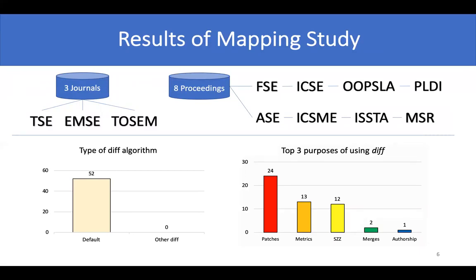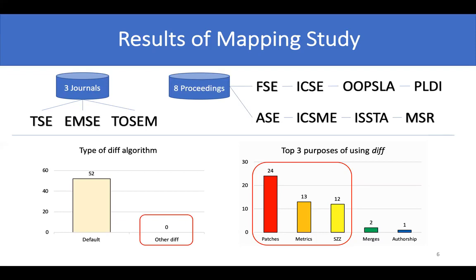The results revealed that all collected papers had never considered the other advanced diff algorithms. We also found that the purposes of using the git command were to get patches, followed by metrics collection and bug introducing identification using SZZ algorithm.